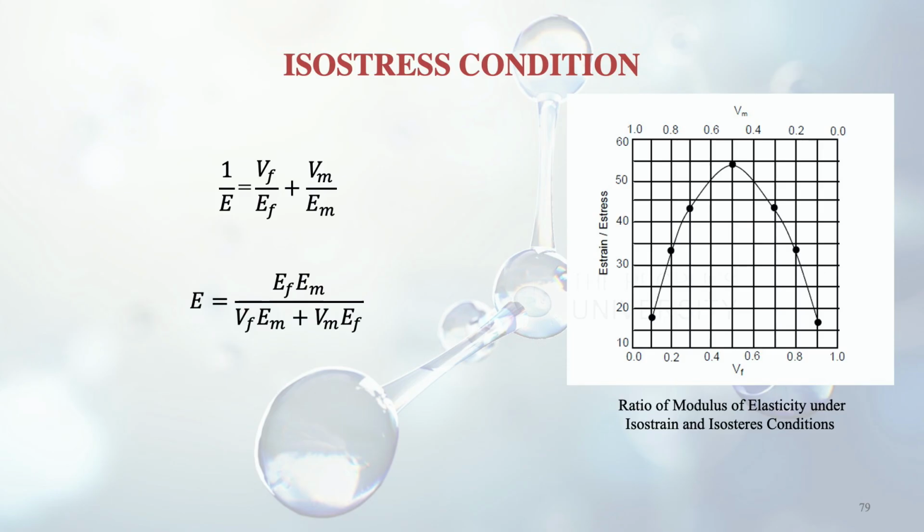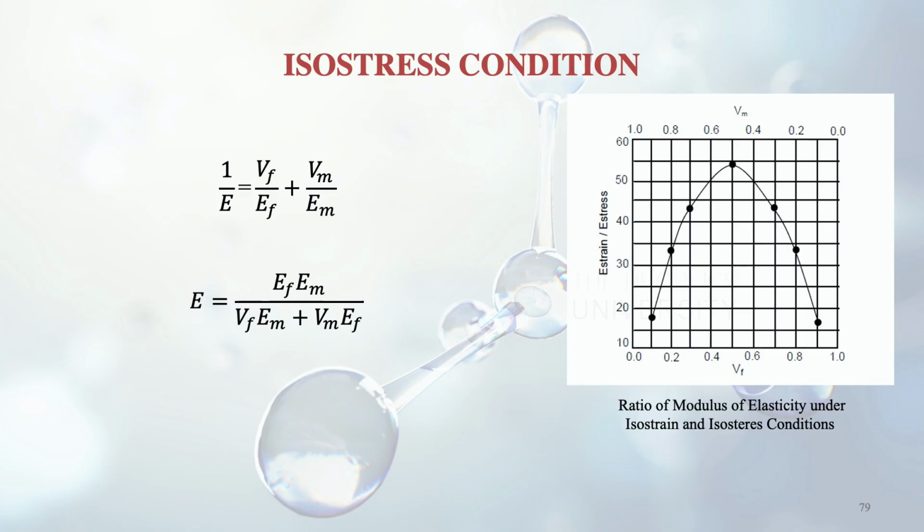So here is a figure also which gives us the ratio of modulus of elasticity under the isostrain and isostress conditions. So this graph is between the VF, volume fraction of the fiber, and E strain upon E stress. So you can see here that with the increase in the volume fraction of the fiber, in the beginning the curve is going up to a certain level, a volume fraction of around 0.5.